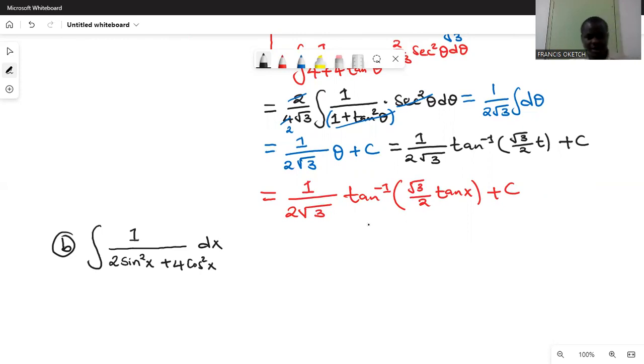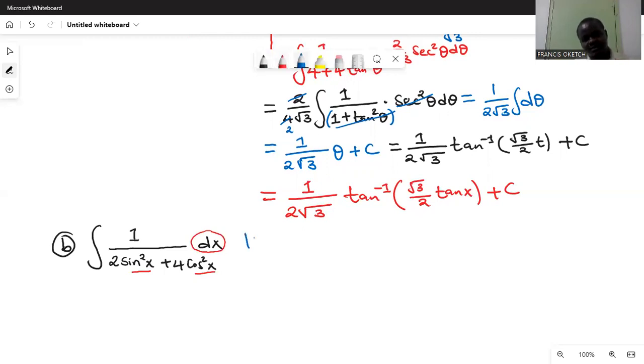So what you do here, you need to know what is dx in terms of t, what is cos squared x in terms of t, and what is sine squared x in terms of t. And already we have derived those functions of x in terms of t. So this is the hint.